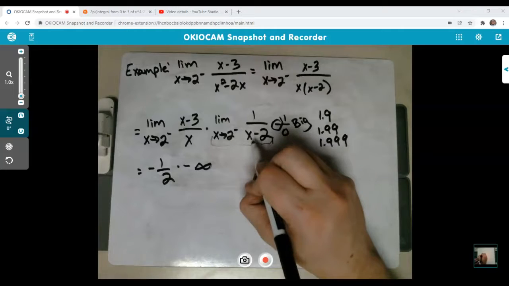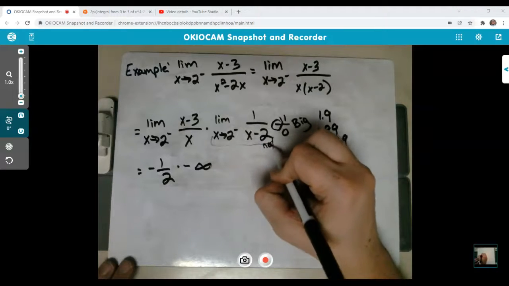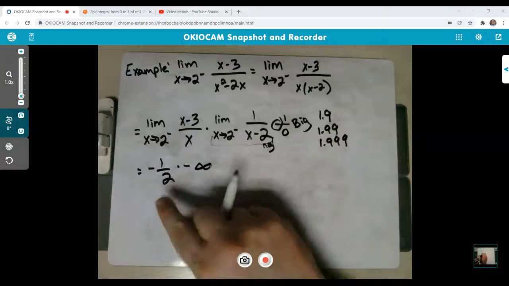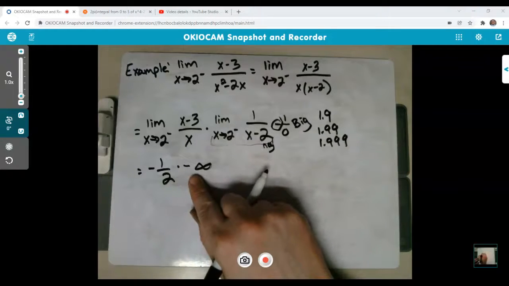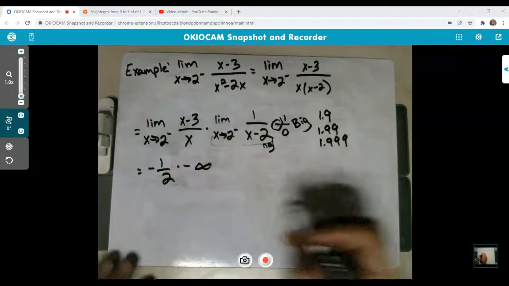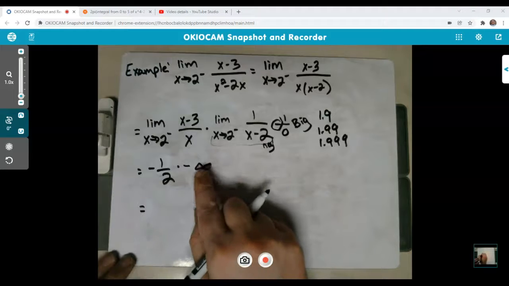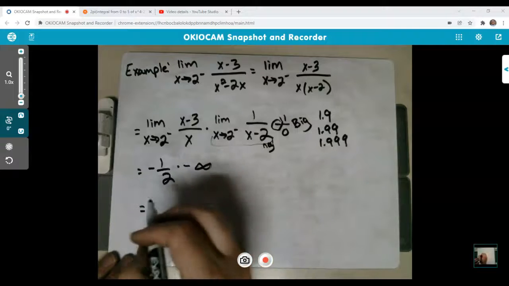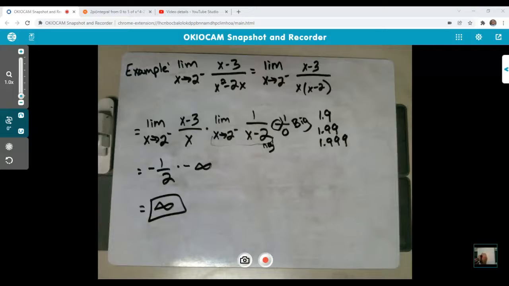And so when I subtract 2, it's going to be a negative. Okay. So what I end up with is negative 1/2 times negative infinity. The negatives cancel out and make it positive. 1/2 times stuff that's really big is still very big, right? So this is going to be positive infinity right here.